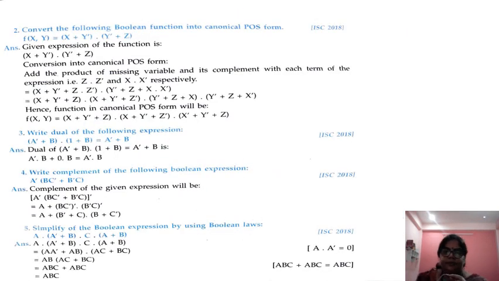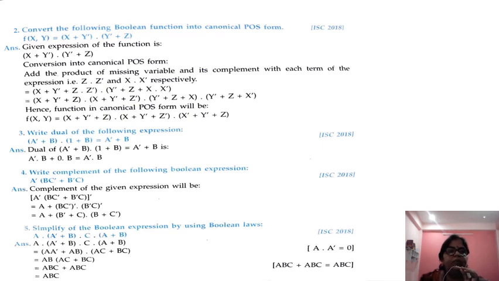Now next, convert the following Boolean expression into canonical POS, that means product of sums. The expression given is x plus yz dot x plus z. Now we will put the missing variables. Here y is missing, here x is missing, z is missing.